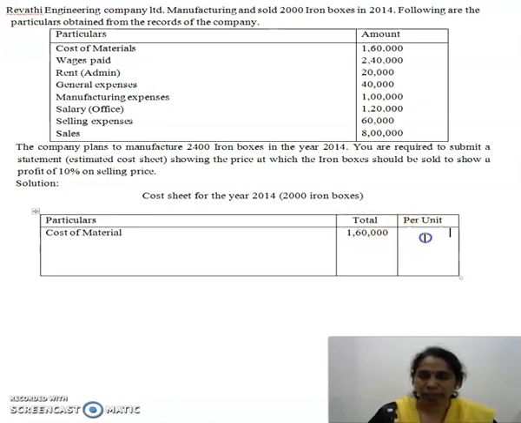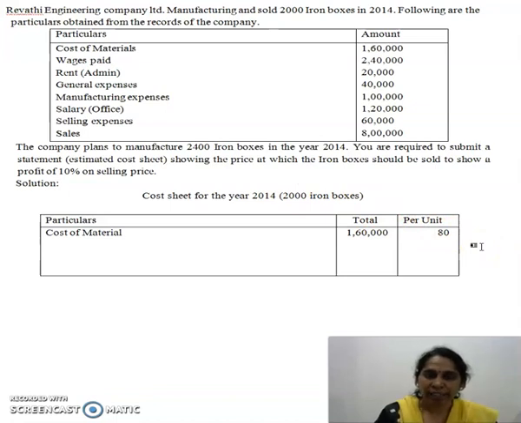How to calculate per unit? This is for 2,000 iron boxes, so the total cost is 1,60,000. Then per unit is 1,60,000 divided by 2,000. You will get the per unit cost of that particular iron box, which is 80 rupees.